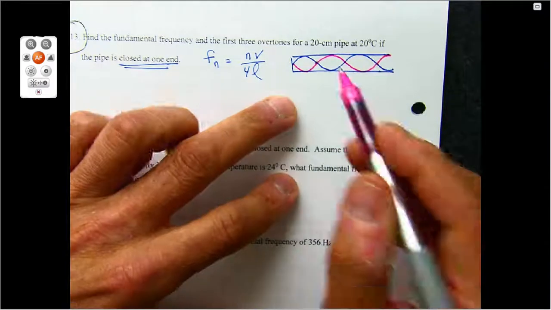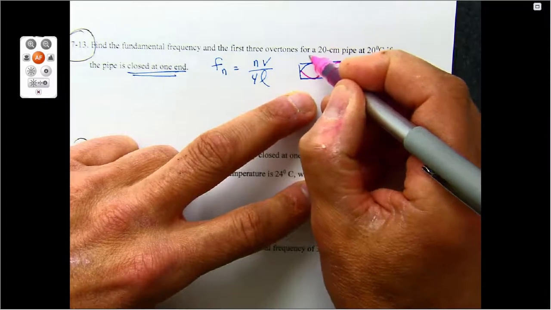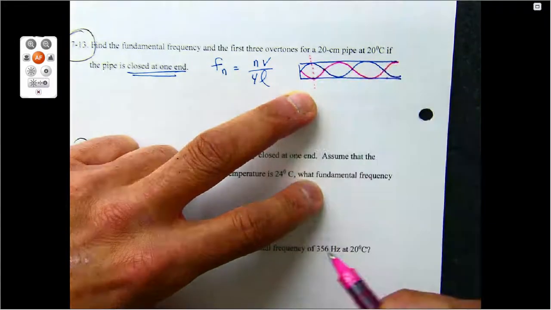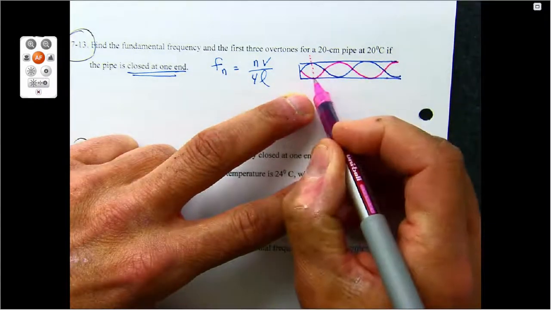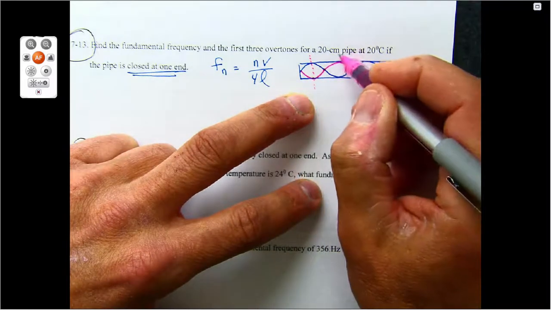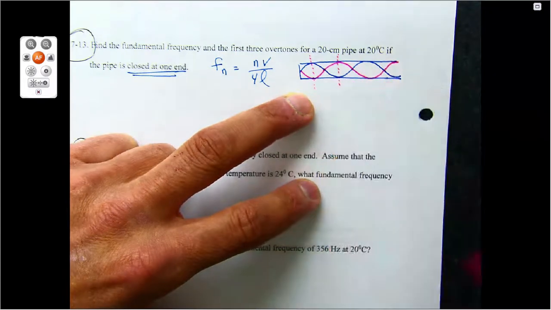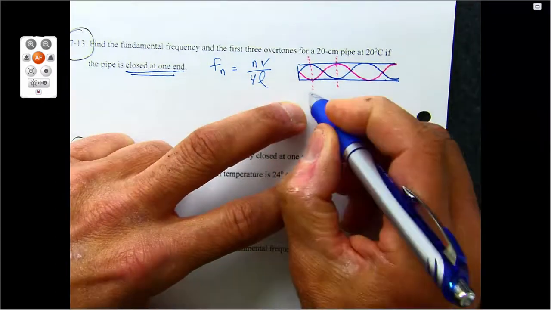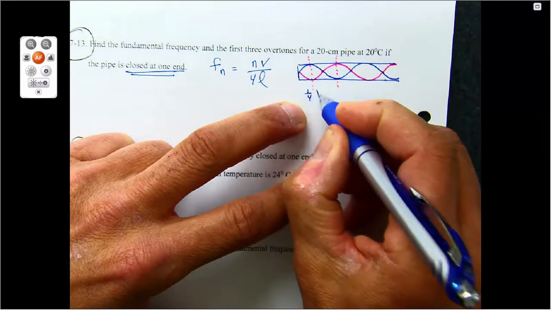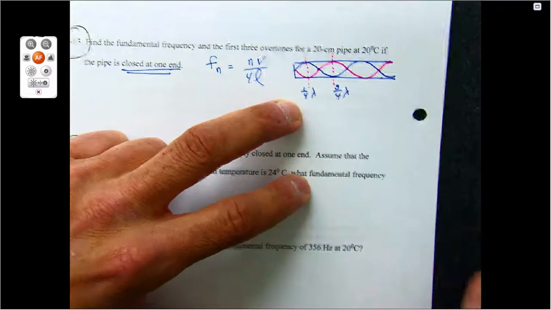Now, this is what we left off doing. We said that this is our fundamental, and that's 1/4 of a wave, right? That's our fundamental. This is our first overtone, three-fourths of a wavelength.